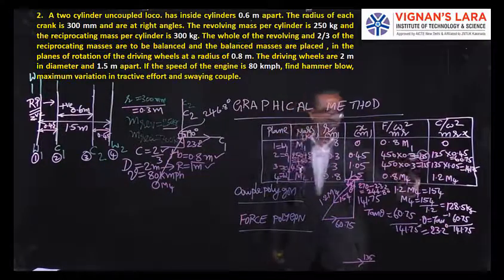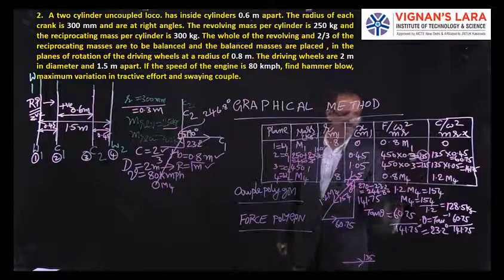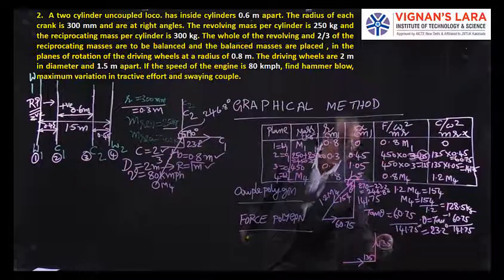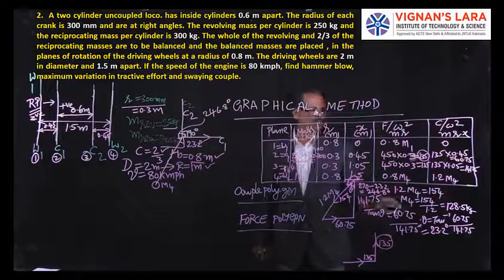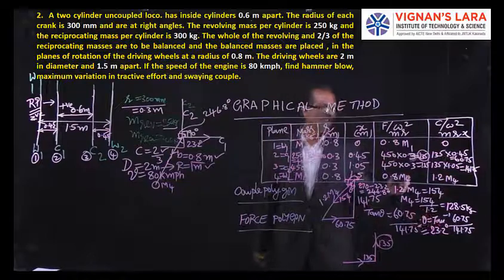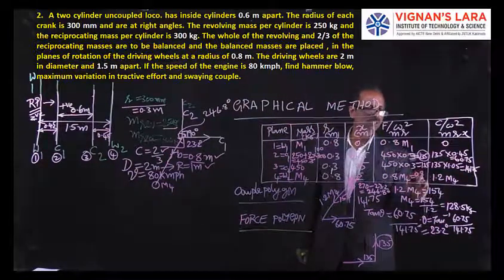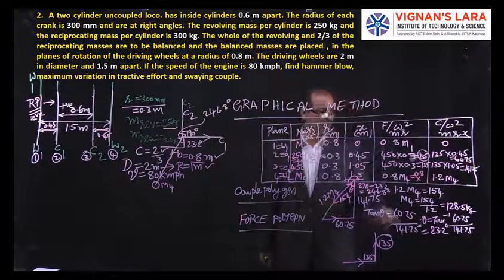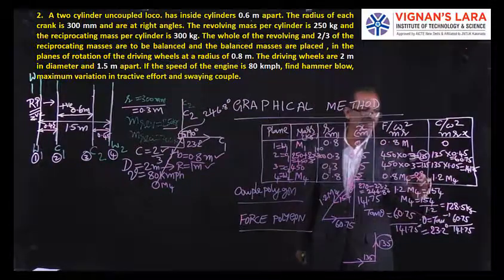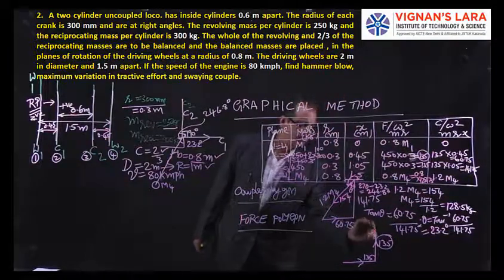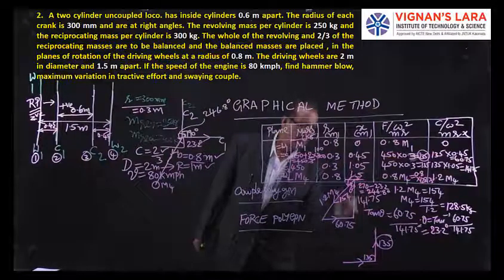Then the second one, once again 135, at 90 degrees. This is another one, 135. The third one is 0.8 M4. M4, how much did we get? M4 is 128.75. So the direction is like this.